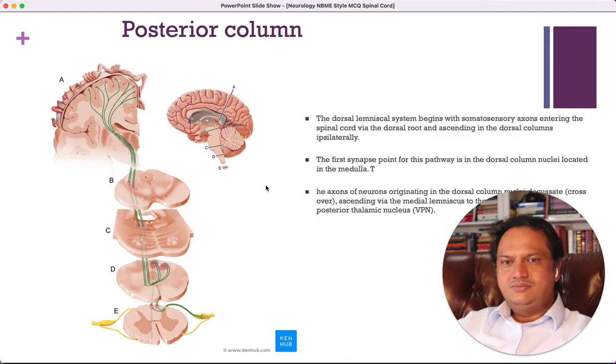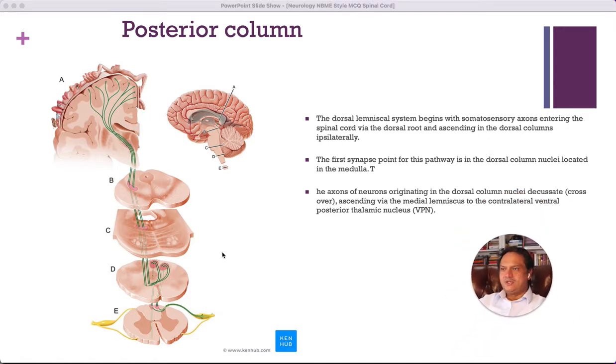The posterior column is different from the lateral column in terms of the ascending pathways. Besides noticing that the posterior column takes vibration and proprioception mainly, the main difference is that it ascends ipsilaterally. The bottom here is the spinal cord, and D immediately becomes the brainstem.